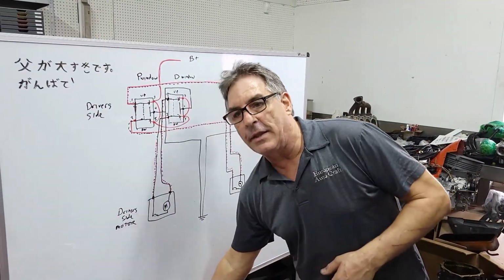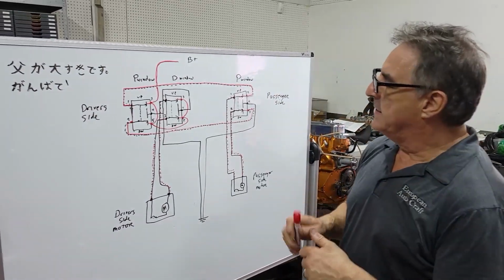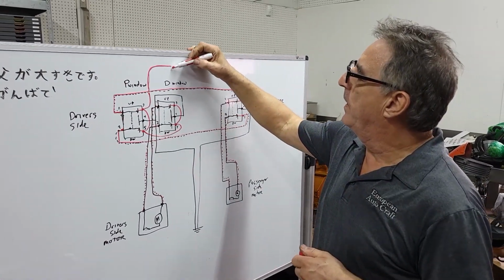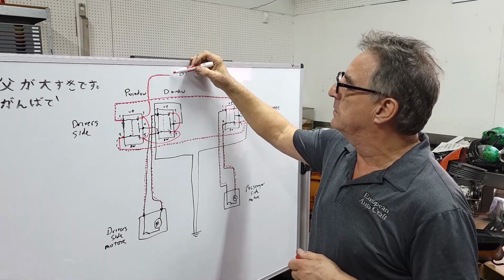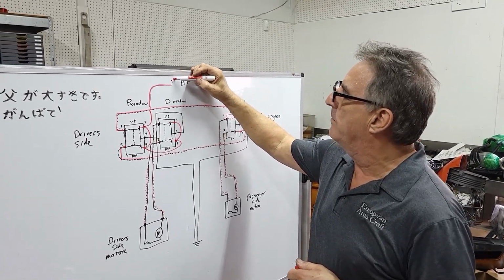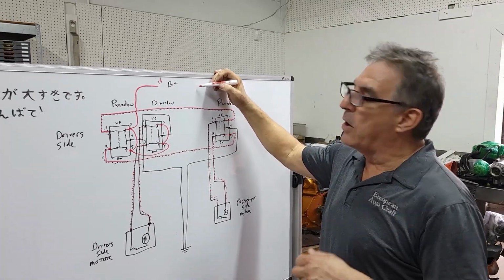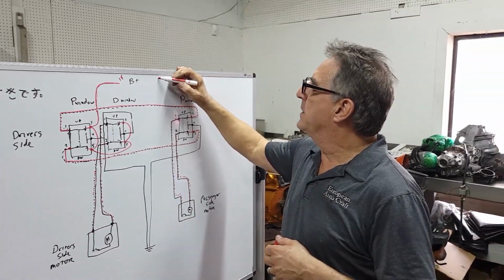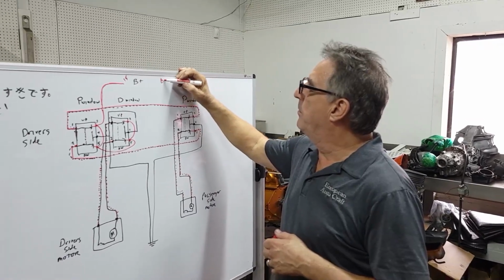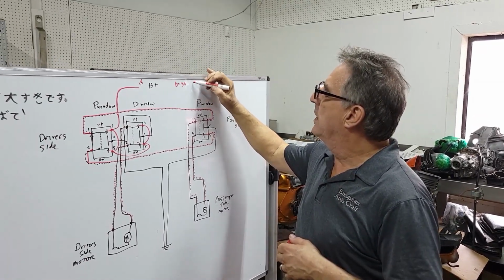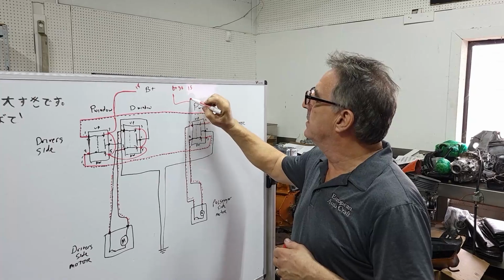This B plus could be anything. This is connected to your fuse panel to 15 power. The power window relay has B plus, 30 and 15. It goes into the relay here.